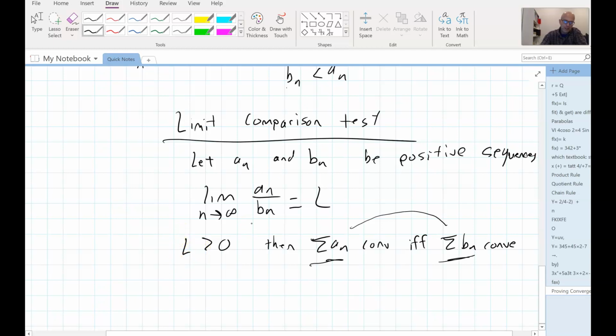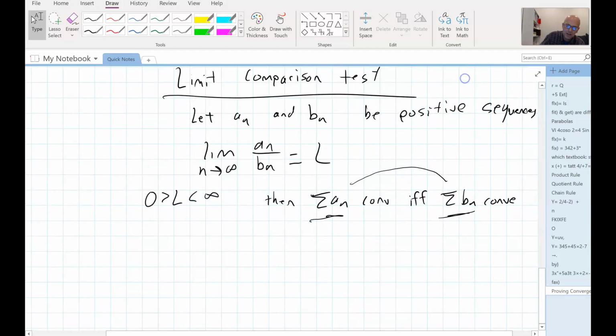I should say L greater than 0, but less than infinity. Because the second part of this test is if L equals infinity, then something else.